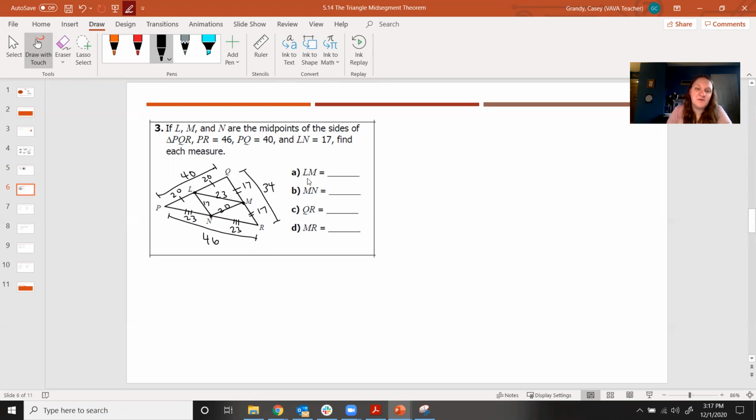And now that I have all my numbers, I can just fill in the blanks. LM is 23. MN is 20. QR, that's 34, that's that whole side. And MR is 17. So the midsegment is half of the side that it's parallel to.